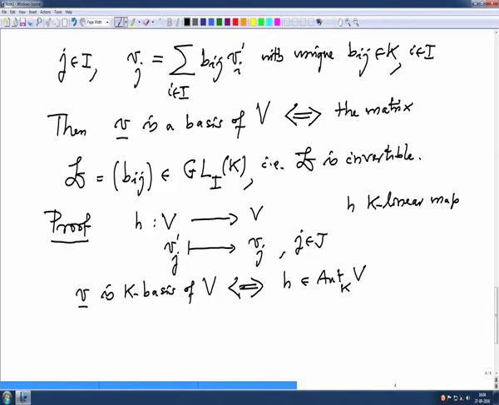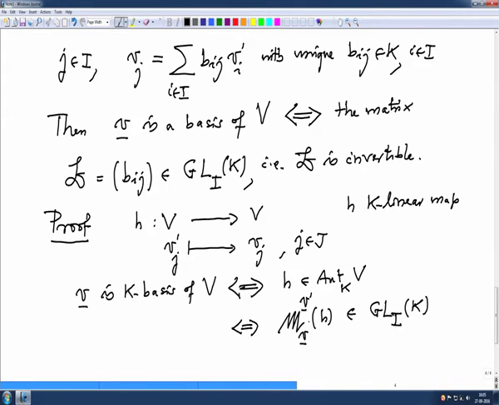This we have seen earlier: a linear map is an automorphism if and only if it maps a basis to a basis. But this means the matrix of H with respect to V prime to V is an invertible matrix in GL_I(K).